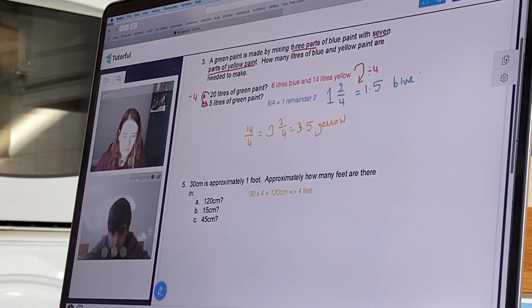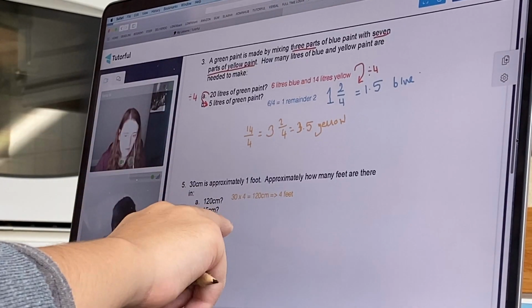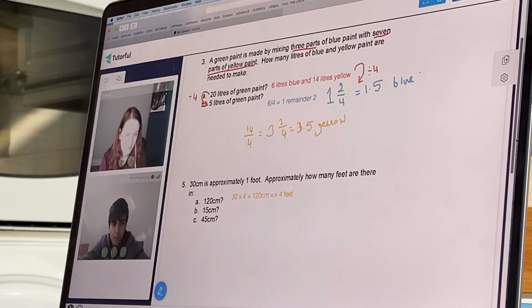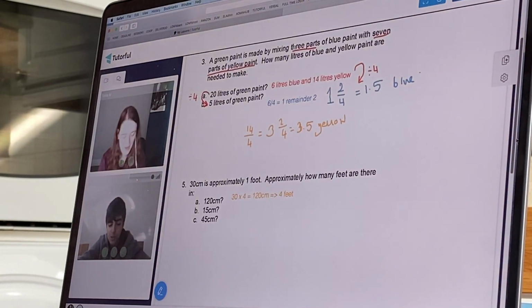And then for 15, we need to halve it, so we can divide it by 2. Divided by 2, yeah, so we halve it, which makes 15.